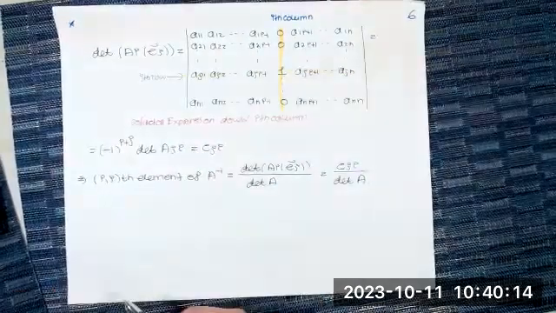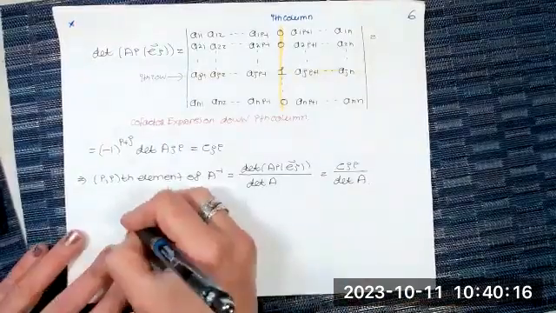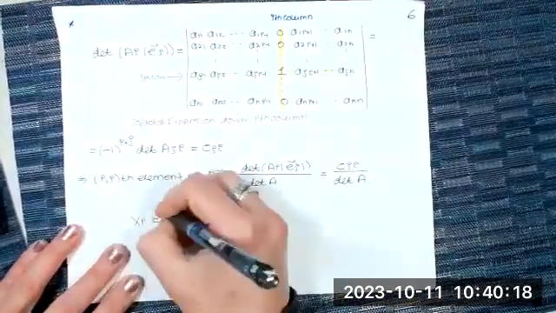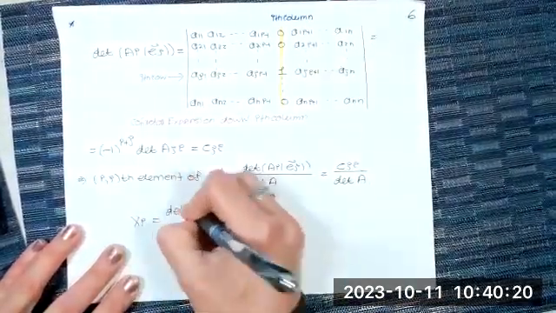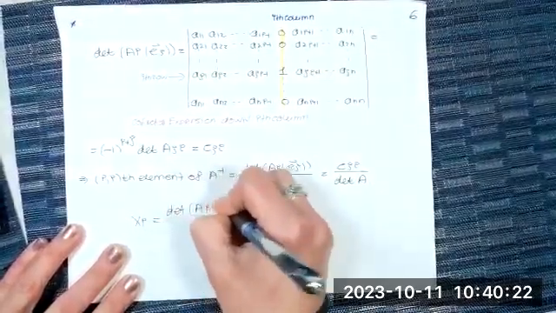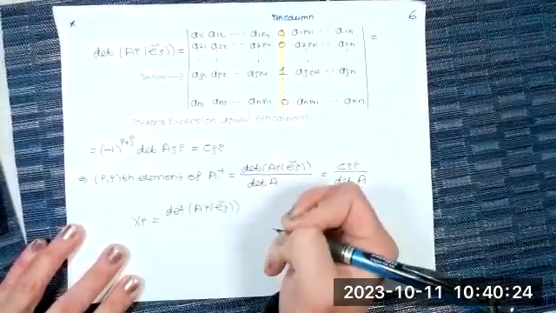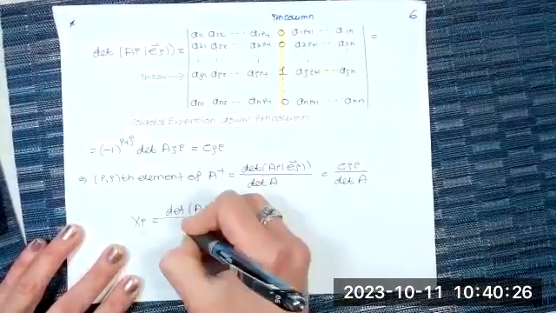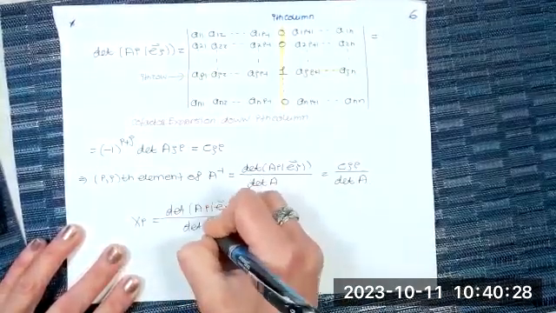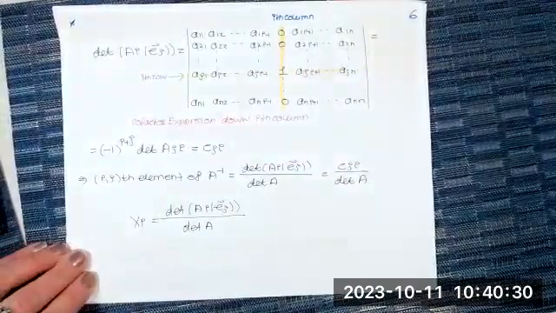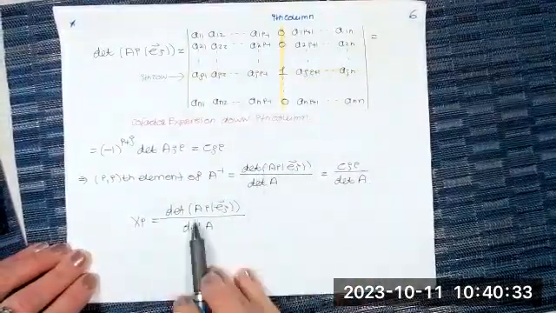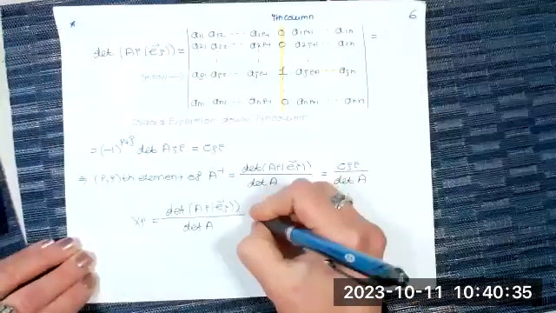All right, so if you go back to your formula for x_i, my x_i was the determinant of A_i(e_j) divided by the determinant of A, and this is my C_ji.